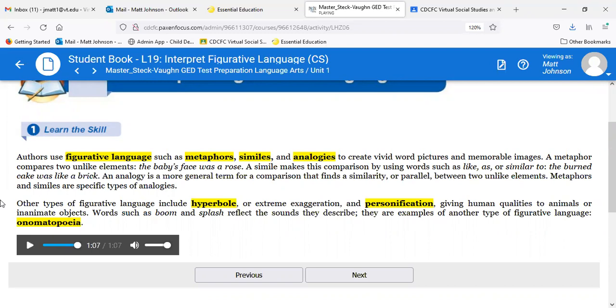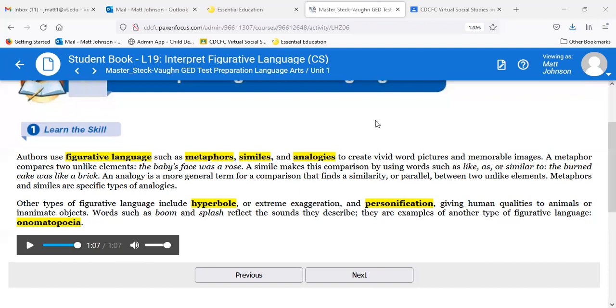Onomatopoeia. Yeah, so different types of figurative language. It can be used in nonfiction and in fiction writing. So a metaphor is a thing that compares two unlike elements. A simile is like a metaphor, and the only real difference is that it includes the words like, as, or similar.